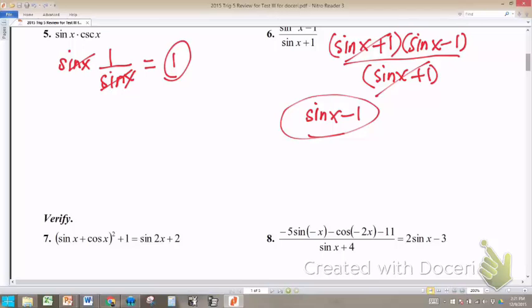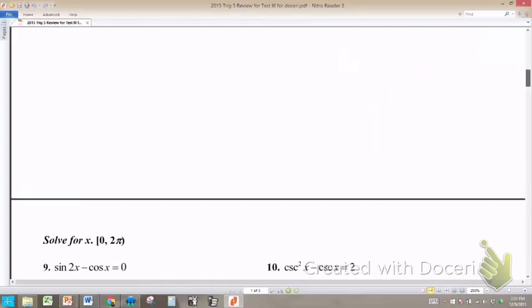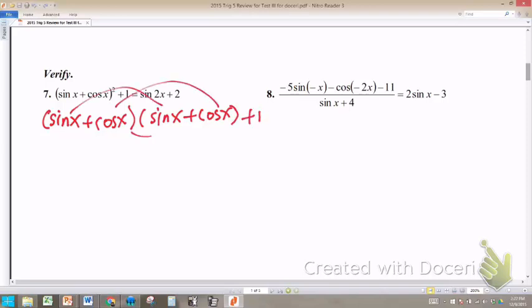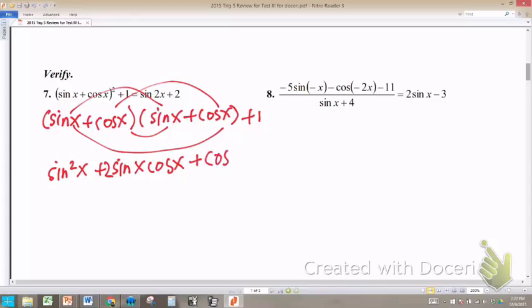All right, number 7, we're verifying, so we're going to make one side look like the other side. I'm going to FOIL out this sine of x plus cosine of x. And when I FOIL this, make sure you do all the pieces, which will give you sine squared of x plus 2 sine of x cosine of x plus cosine squared of x, plus this one up here.